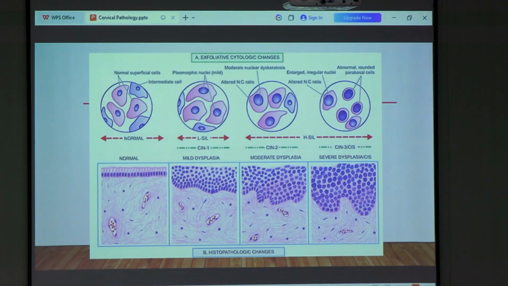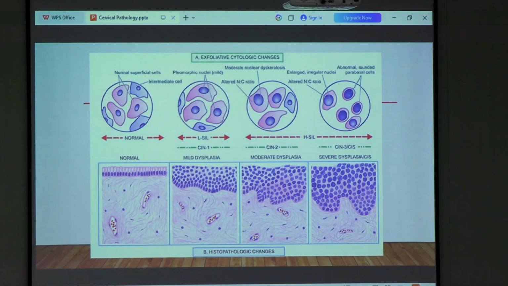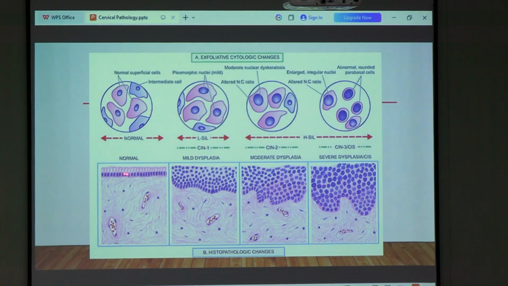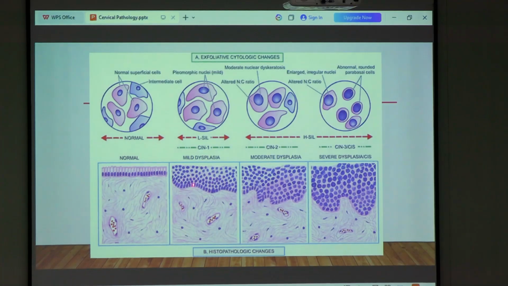So this is again a cartoon diagram. First is normal, and the normal epithelium also in the histology. So it is basically correlating cytology and histology diagrams, right? So first is normal, it is a normal histology also, normal cytology also. This part is CIN1. See, the dysplastic changes are mostly seen in the basal epithelium. It is LSIL, CIN1.